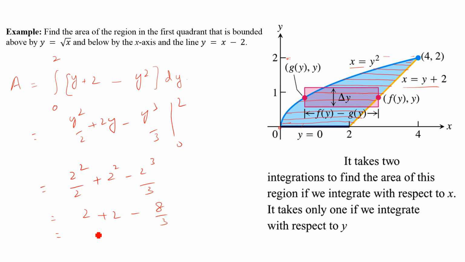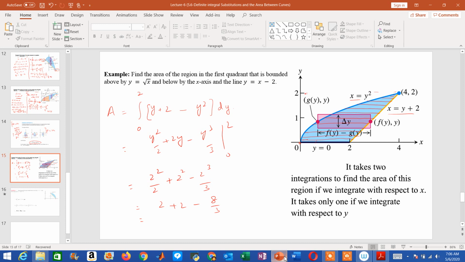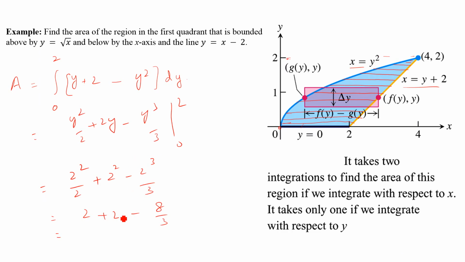Actually, sorry, this is 4, right? So we have 2 plus 4 is 6, minus 8 by 3, and this is equal to 10 by 3.